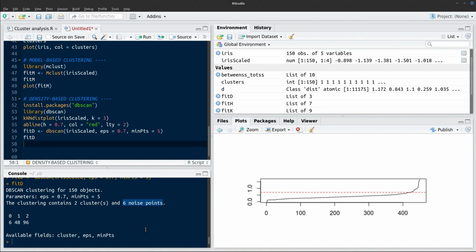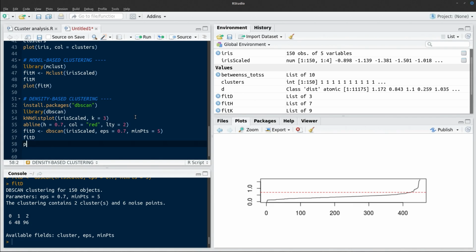So noise points are observations which are too far away from any of the clusters that have been identified to actually be given a cluster membership. And so you can see that 48 observations are members of cluster 1, 96 are members of cluster 2, and 6 are belonging to no cluster because these are our noise points.